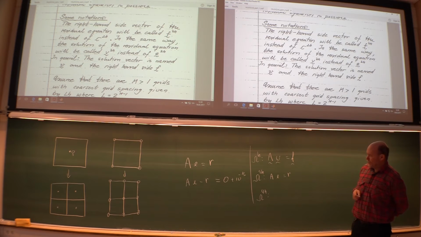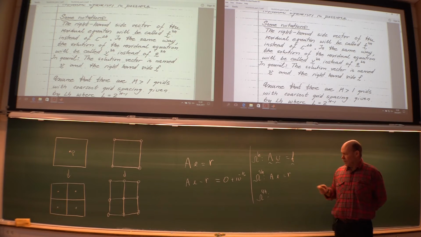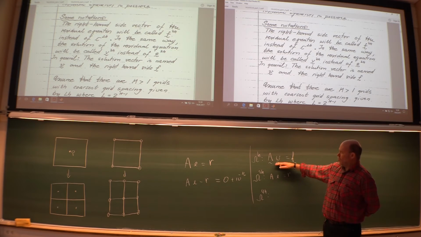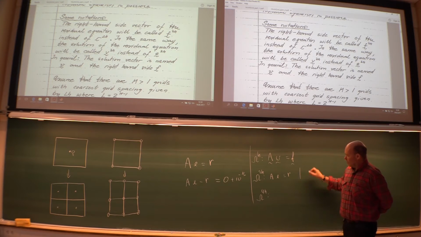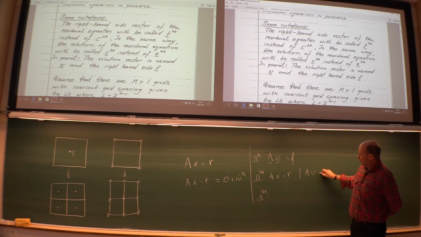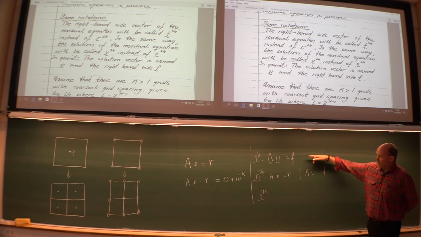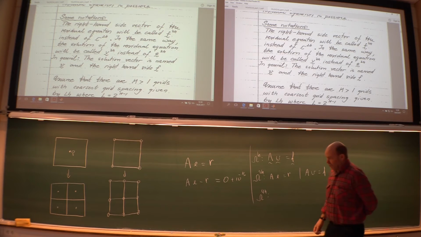So people have decided we don't use this residual equation notation. On all levels, we use the same notation, although the unknown here should be the error. We write it like this anyway. And the right-hand side now is the residual from this one. And you do this notation on all grid levels.